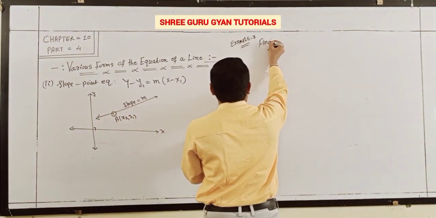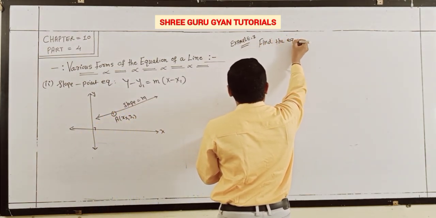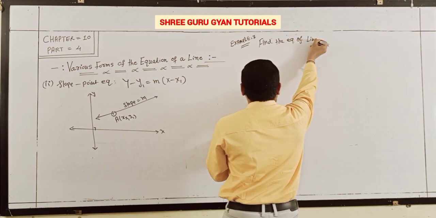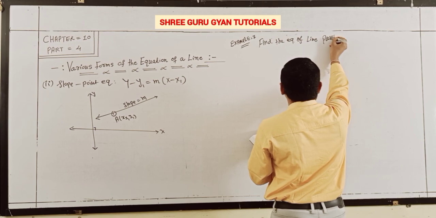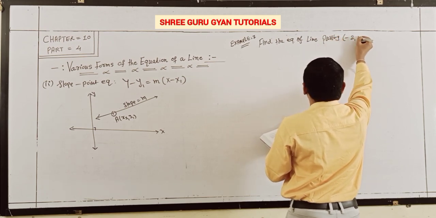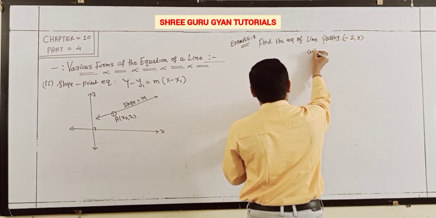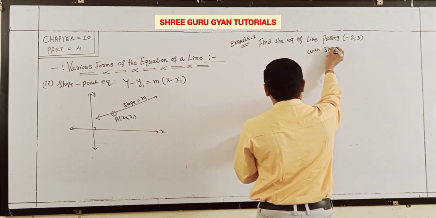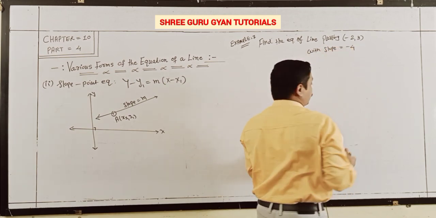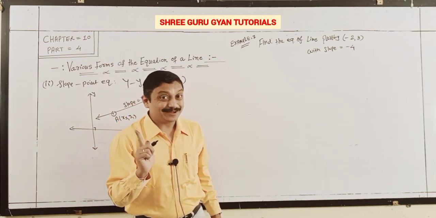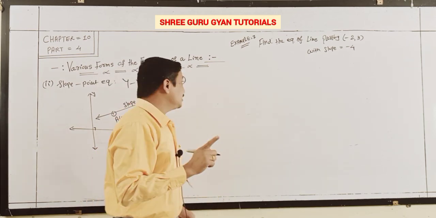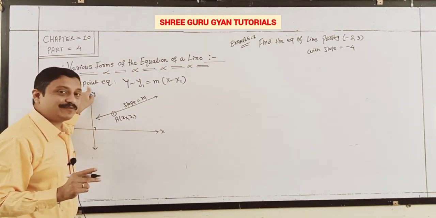Find the equation of the line passing through (minus 2, 3) with the given slope minus 4. Remember, one point is given and one slope is given, so apply this form, the point slope equation.